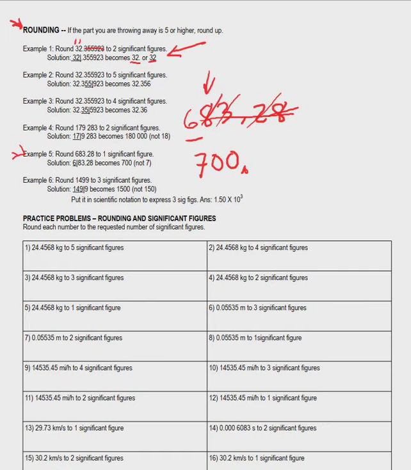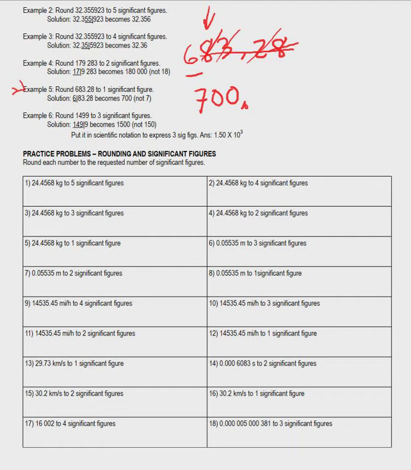We'll finish this one up with number 13. So 13 is 29.73. We want it to one significant figure. We start counting from the left non-zero digit, which is 2. We want one significant figure, so we're going to throw out the 9, the 7, and the 3.